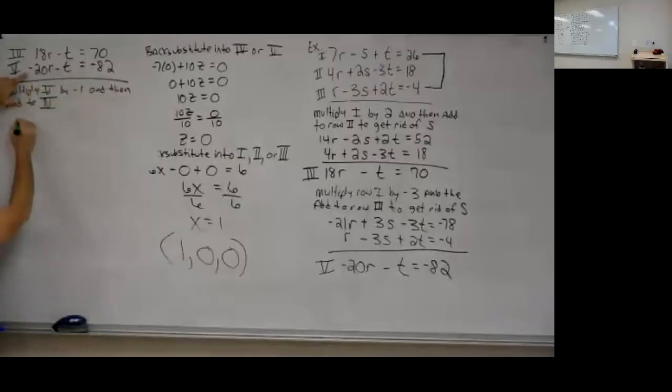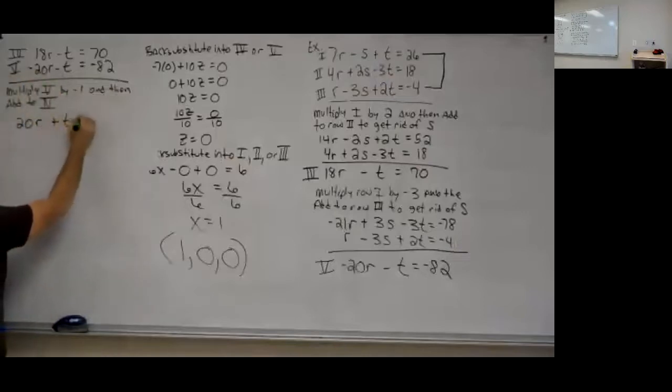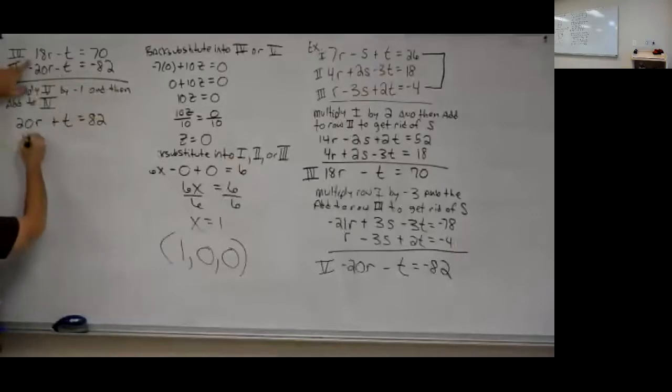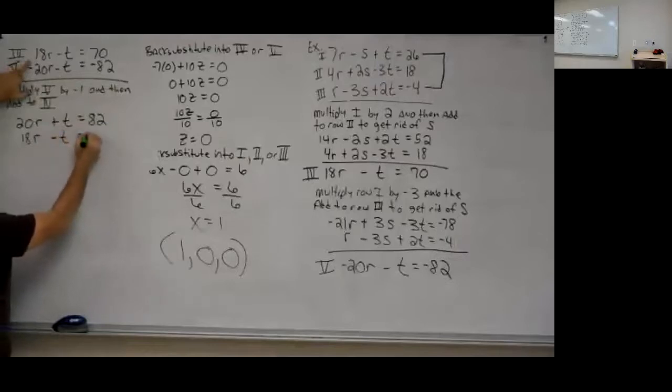Negative times negative makes that a 20R. Negative times negative makes that a positive T. And then negative times negative makes that a positive 82. So really, when you multiply by -1, y'all, all you're doing is changing everybody's sign on them, okay? All right, bring down row 4, which was an 18R minus a T equaled 70.